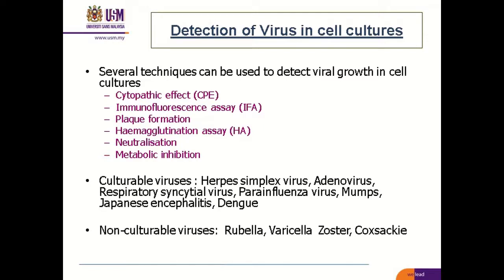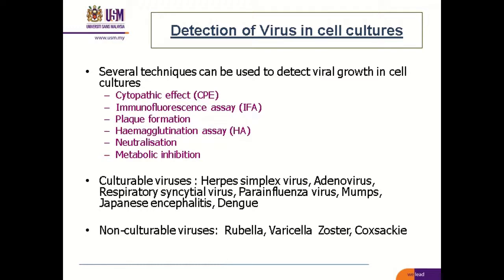So there are various viruses which can grow in the cell culture, such as herpes simplex virus, adenovirus, RSV, parainfluenza virus, mumps, Japanese encephalitis, and dengue virus. But there are also some viruses which cannot be cultured, such as rubella, varicella zoster, or Coxsackie virus.